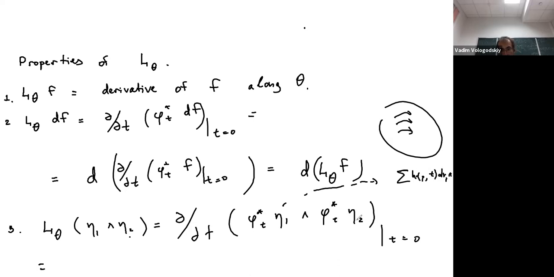When t is 0, this is eta 2. So what you'll get is the Lie derivative of eta 1 wedge eta 2, plus eta 1 wedge the Lie derivative of eta 2. This formula is an immediate corollary of the usual Leibniz formula for functions in one variable.